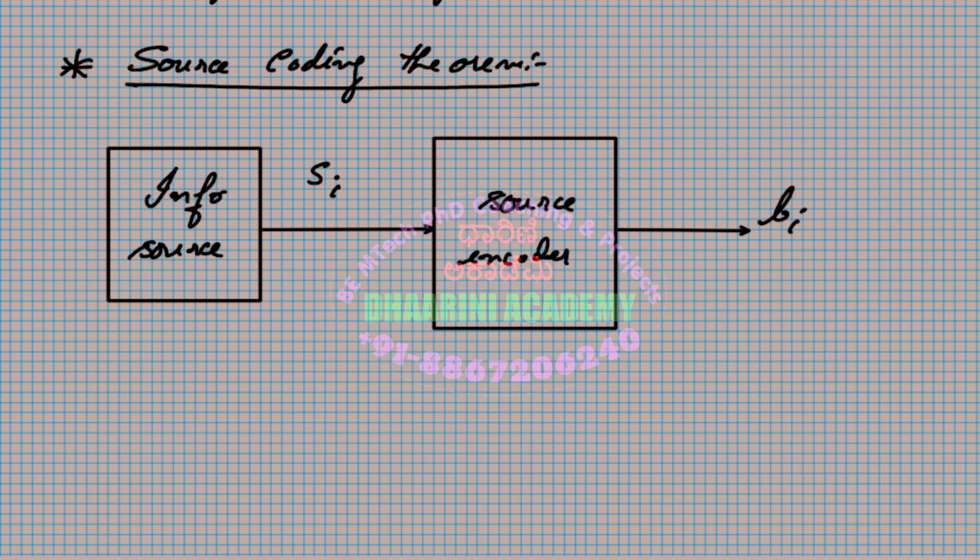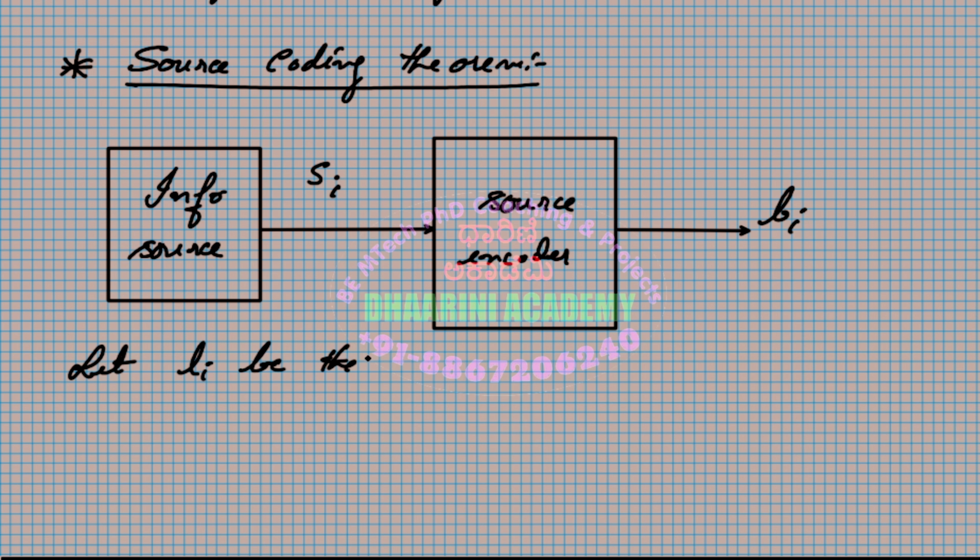Now let us say that there is a length associated with each code word generated by this. I'll write Li, the length of the code word for the ith symbol.